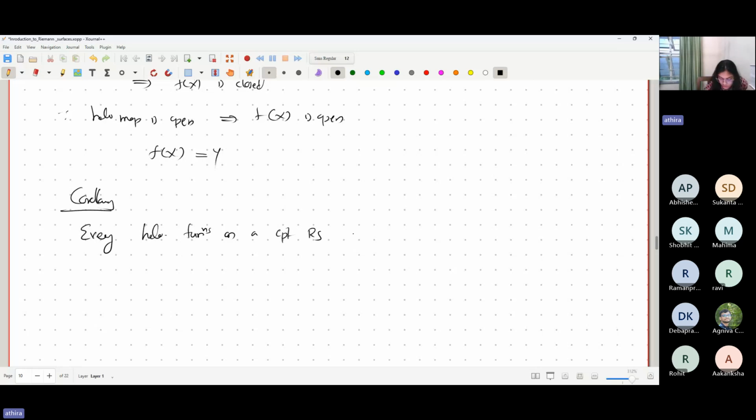If f is non-constant, then by the above theorem, f is surjective. That means f of X is C. And also f of X is compact, but C is not compact. This is a contradiction. So f is constant. This is also clear, right? Just a simple check.